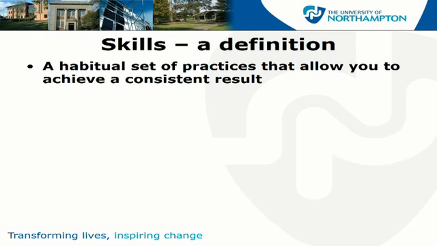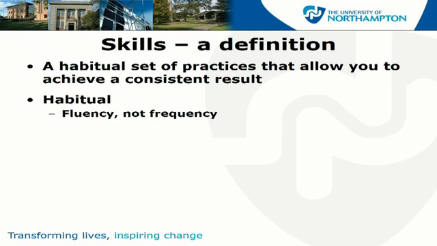So a habit, as I'm using it here, is more about fluency, not frequency. I'm talking about the things that you do fluidly, smoothly, naturally, unconsciously. Even if you only did them once or twice a year, when you come back to do them, they come back to you naturally.